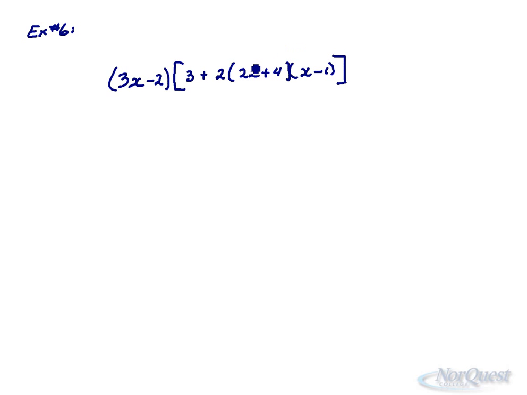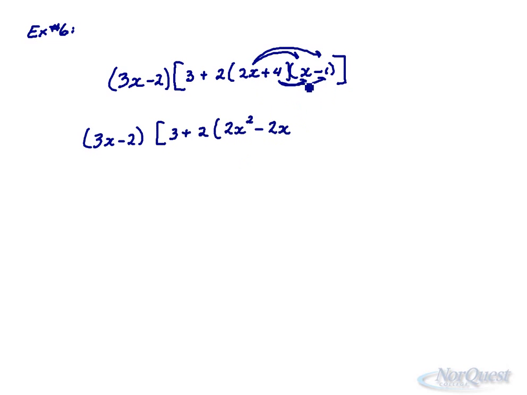I'm going to FOIL this first set of binomials. First of all, FOIL. First, outer, inner, last. So I'll go 3x minus 2, keep my big brackets, 3 plus 2 times this product. 2x times x will give me 2x squared. 2x times negative 1 gives me minus 2x. 4 times x, 4x. 4 times negative 1, minus 4.